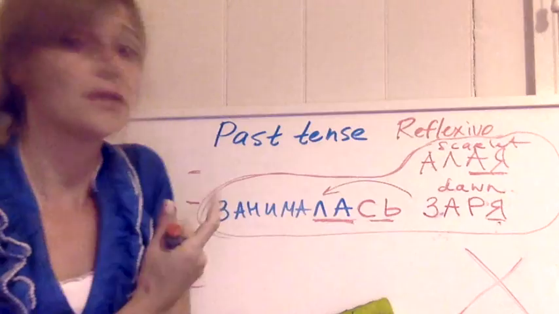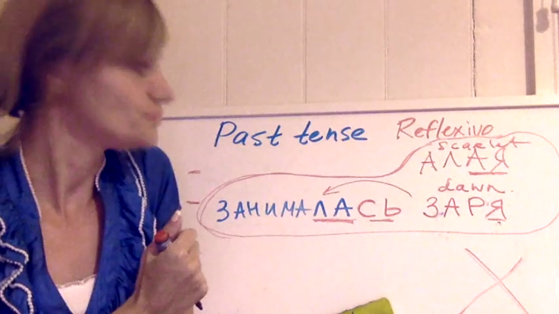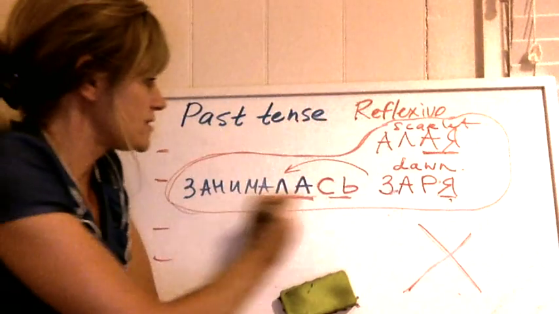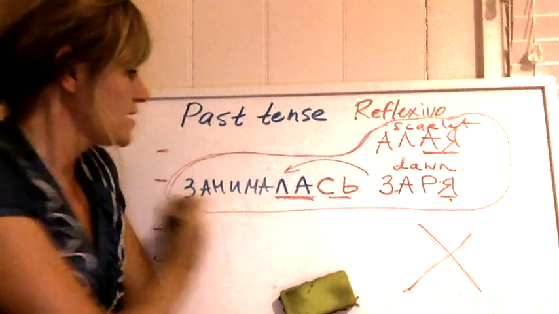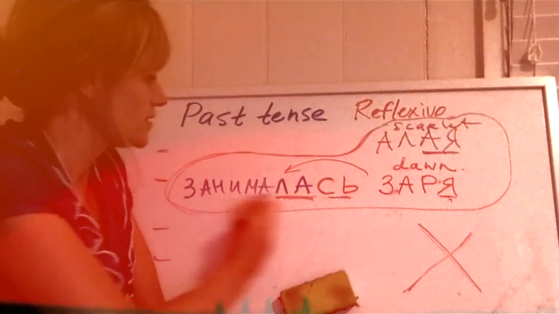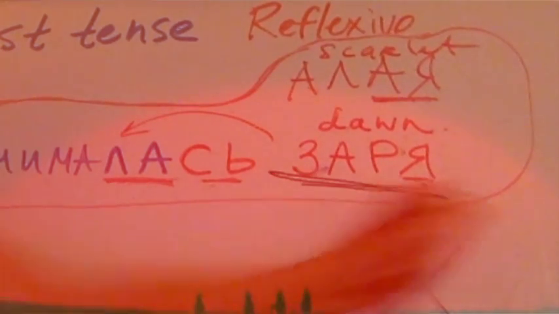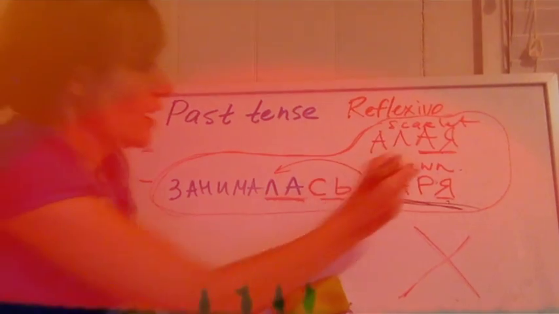She was preparing something for the Tsar. Занималась алая заря.